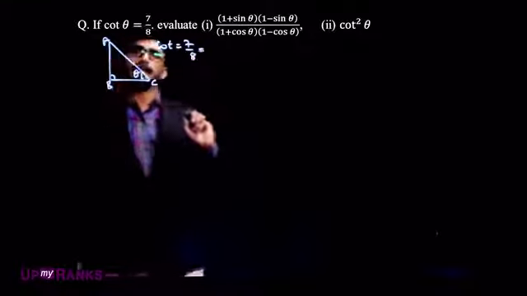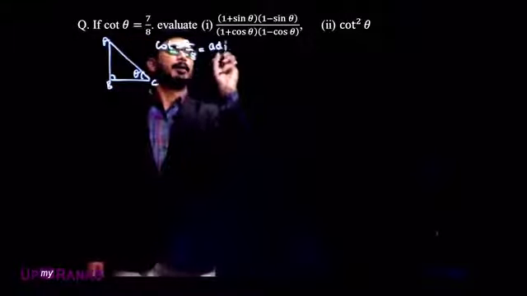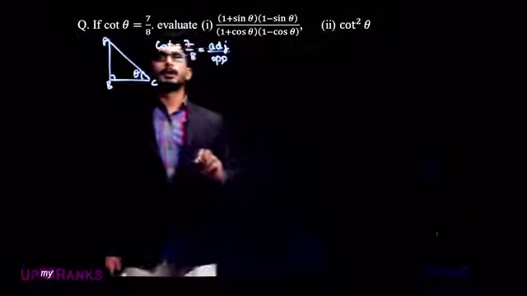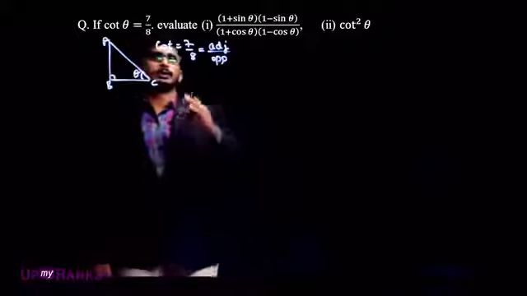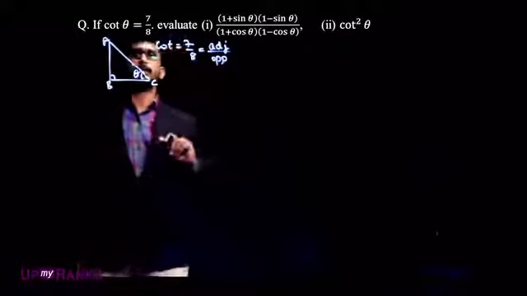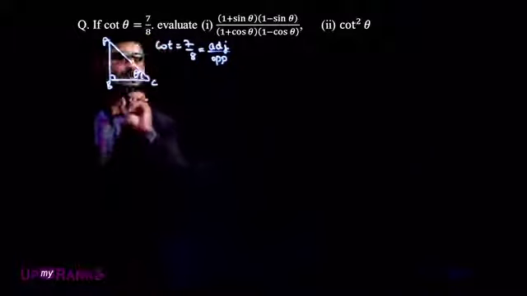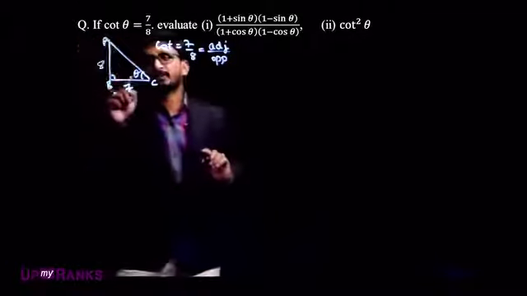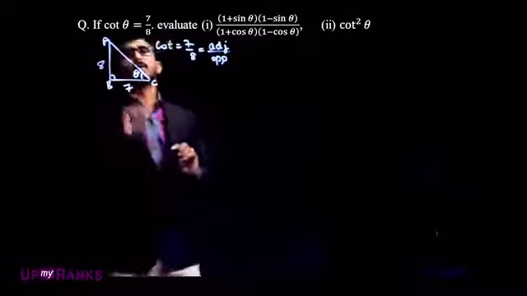Cot theta is nothing but adjacent by opposite, so the adjacent side is 7 and the opposite is 8, because I have considered theta as angle C over here.